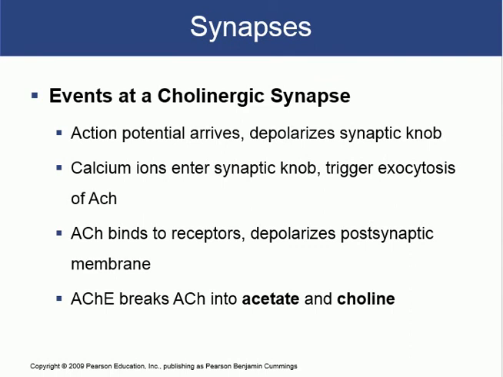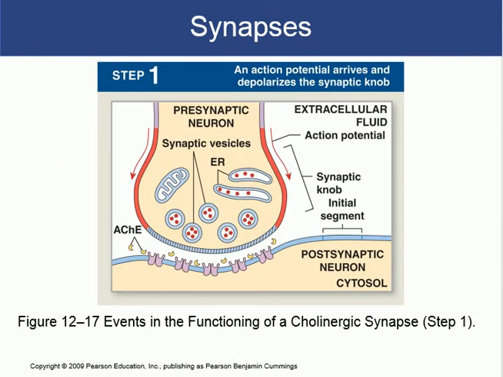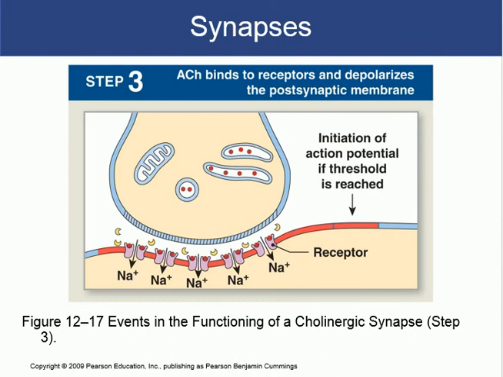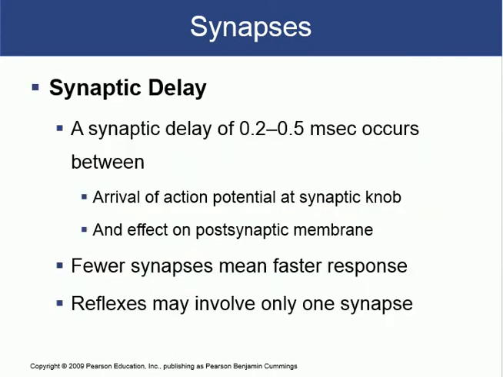Okay, so we talked about this already. And this is explaining what I was just talking about, until the action potential is produced in the postsynapse. The synaptic delay is the time it takes from the arrival of the action potential until you release the neurotransmitters and do the action.